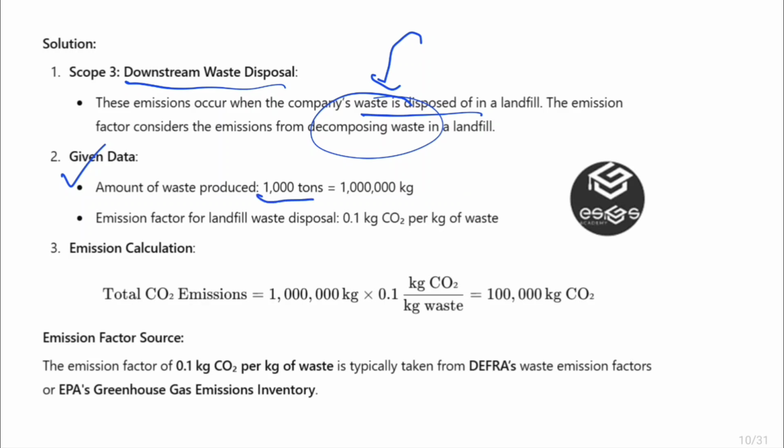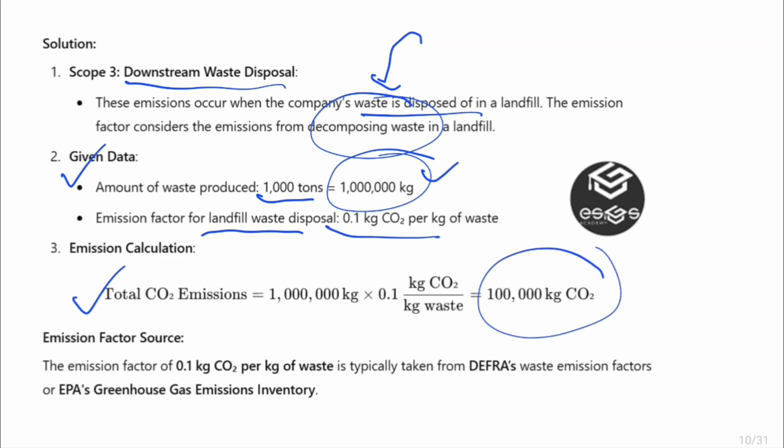This is the given data, 1000 tons annually, which we convert into kilograms. Okay, and then emission factor for landfill waste disposal is 0.1 kg CO2 per kilogram of the waste. So what will be the total CO2 emissions? You see, multiply this with the emission factor and you will get the answer now, 100,000 kilogram CO2.